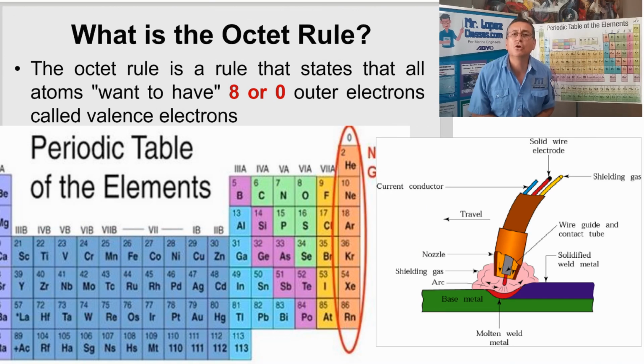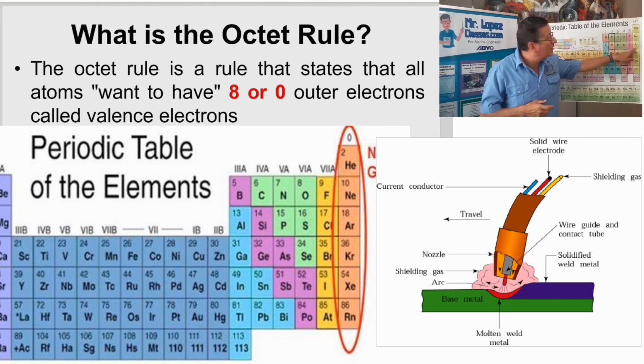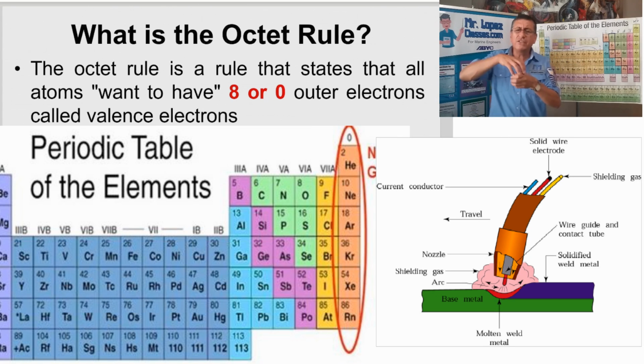For that reason, you remember the welding procedure with argon, the MIG and TIG? What gas is used in the welding procedure, MIG and TIG? Argon is used. Argon is a noble gas, a stable gas. What is the function of that gas during the welding procedure?